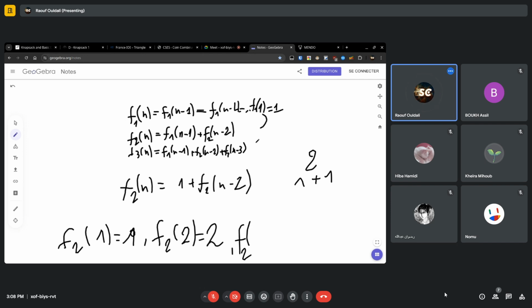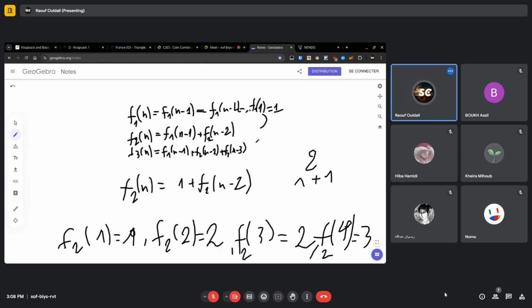Then f2 of 3 is this plus 1, so it's 2. Then we continue. f2 of 4 is equal to this plus 1, is equal to 3.